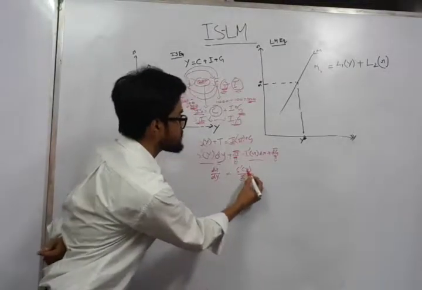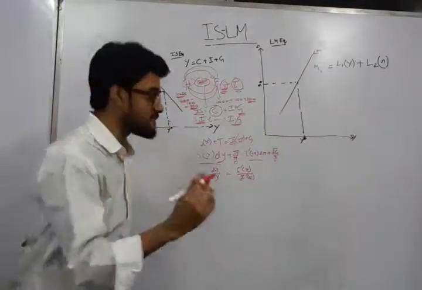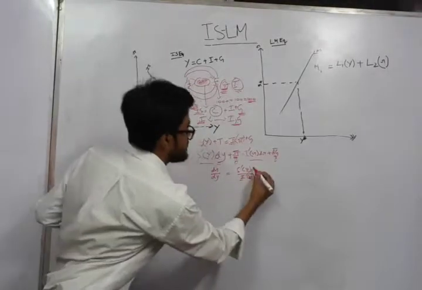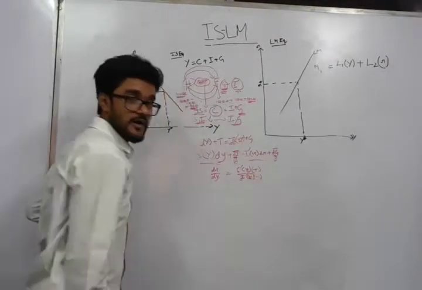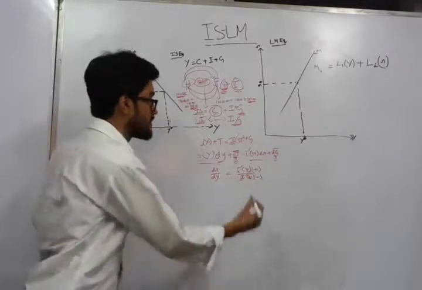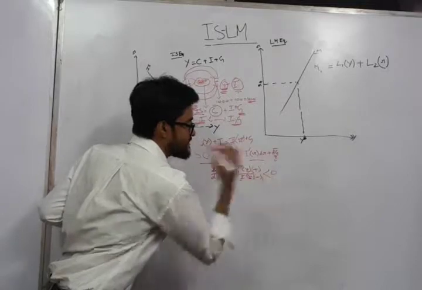And here the relationship between Y and S is positive. So here we get a negative term, and here we get a positive term on the numerator and a negative term on the denominator. So as a whole this becomes negative.